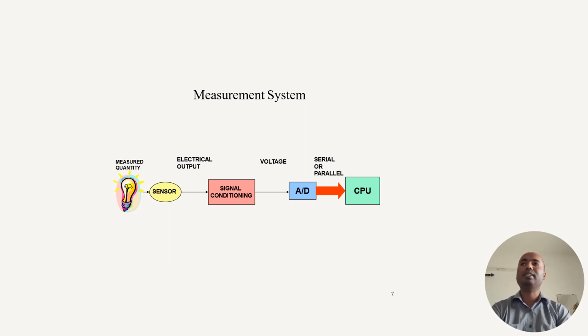All the sensors give signals in different forms. Some sensors give a power output, some give an analog output, some give a digital output. All the signals, analog, digital, power output, have to be sent to signal conditioning.